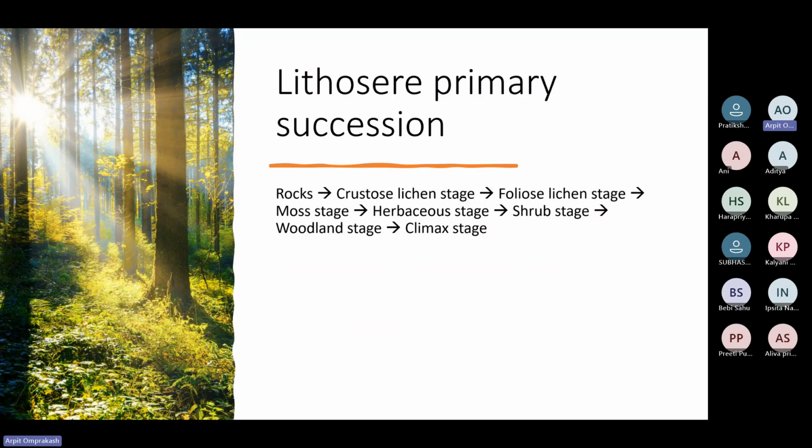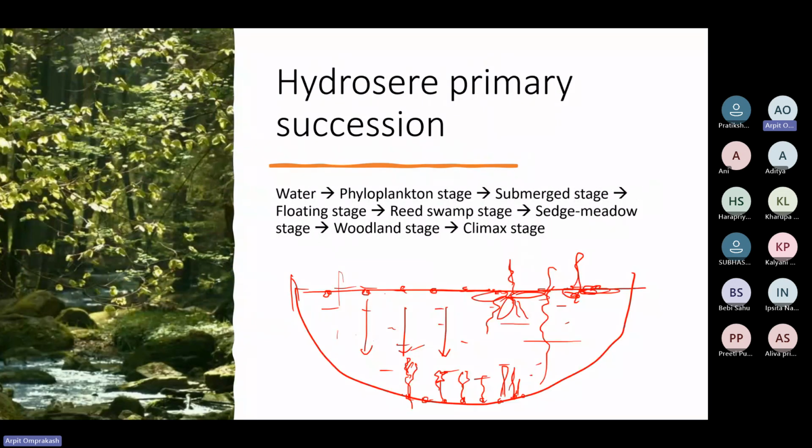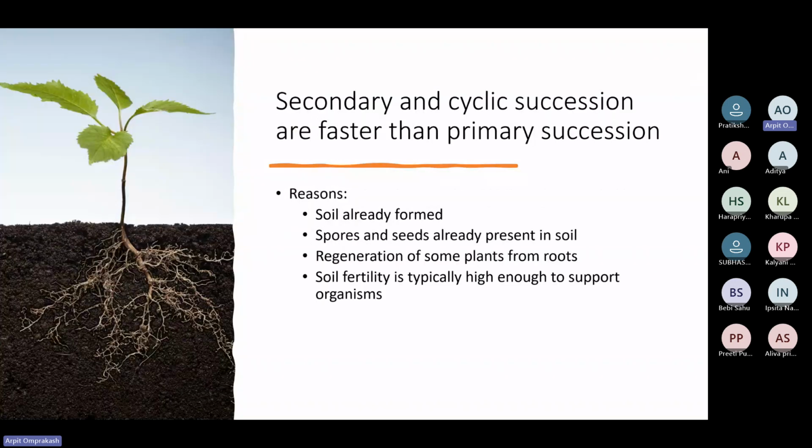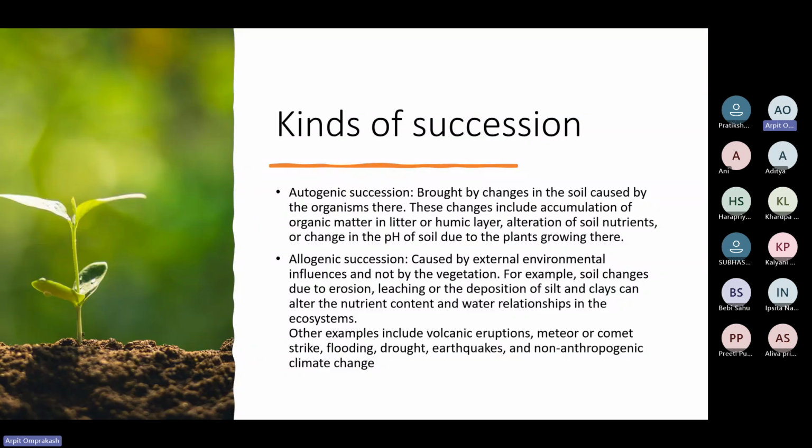We talked about primary succession in lithosphere, primary succession in hydrosphere, secondary succession in lithosphere. We talked about the different kinds of succession based on how the changes are brought by, if they are brought by the organisms present there, or if they're being caused by external environmental influences.